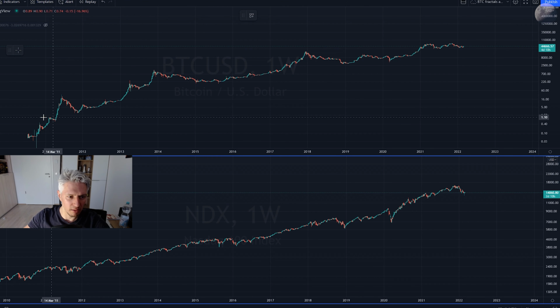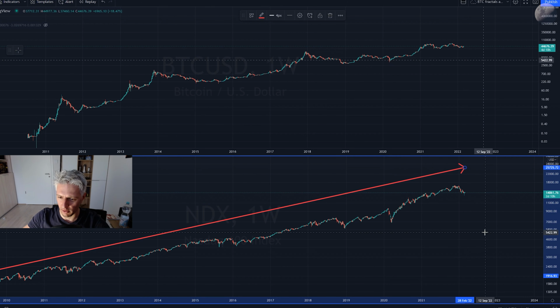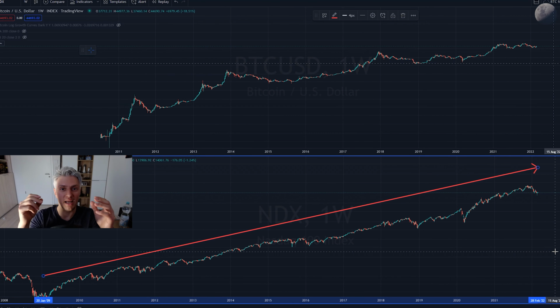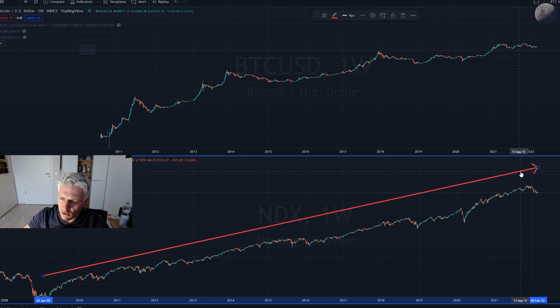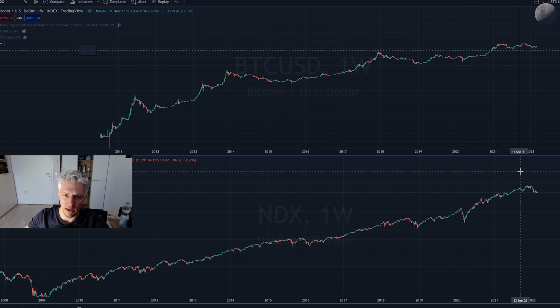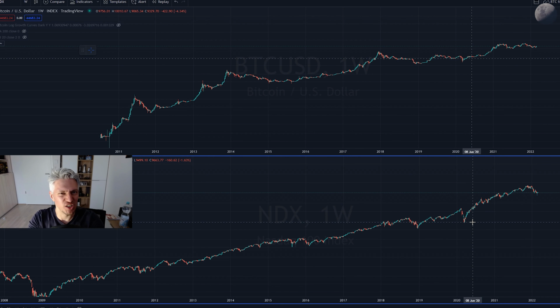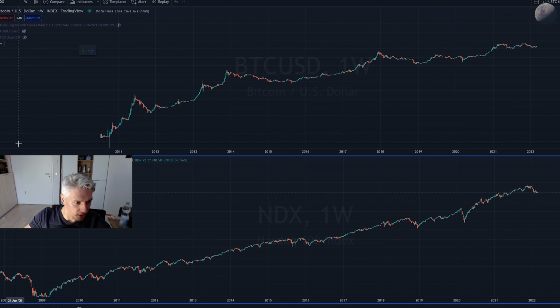And we shouldn't forget that Bitcoin has only been trading in this giant bull market, okay? All the time that Bitcoin has been in existence, we have been in a gigantic stock bull market. So Bitcoin has never experienced a stock bear market. And since Bitcoin follows the Nasdaq, because that's the sad reality that Bitcoin is treated as a tech stock most often by many traders, it does follow the Nasdaq.